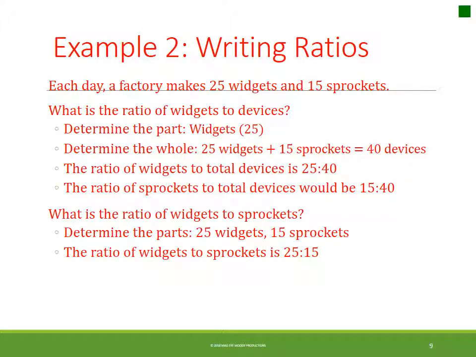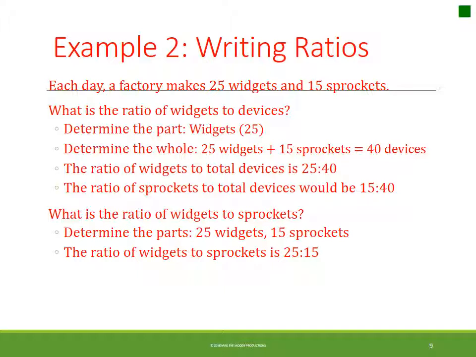What if the question is asking me to determine the ratio of widgets to sprockets? Well, this then would be a part-to-part ratio. So I would need to determine both the parts, which is 25 widgets and 15 sprockets, and write my ratio that way, not including any whole or total numbers.